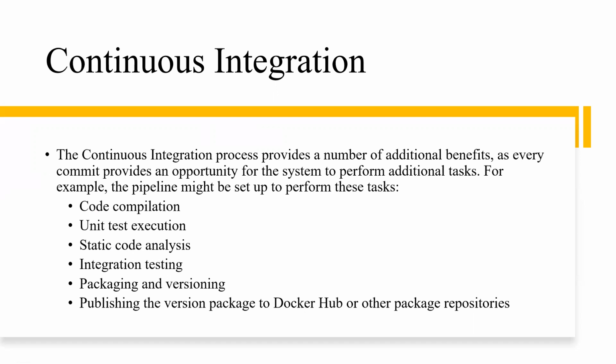Note that there are some situations that involve large and complicated changes, such as addition of new features, in which changes must be grouped together. In this case, every commit may trigger only part of the CI, or continuous integration, pipeline, with the packaging and versioning steps running only when the entire feature is merged to the master.